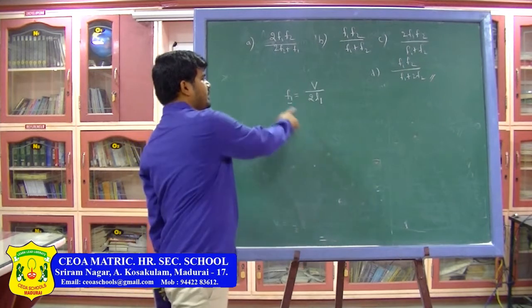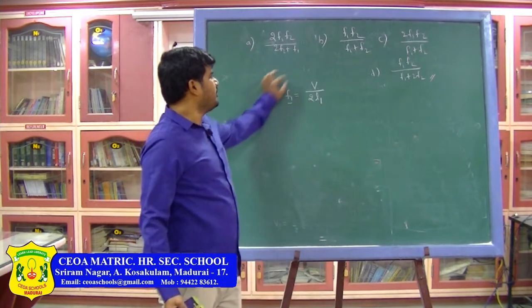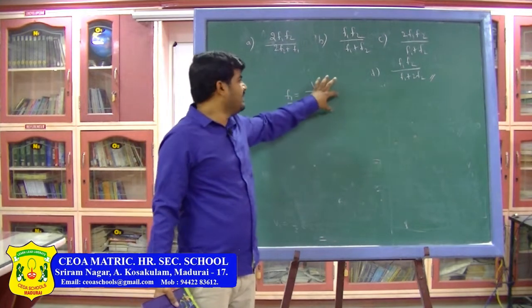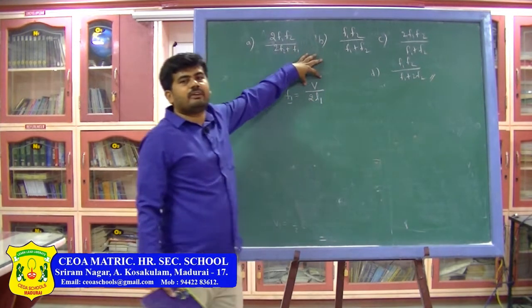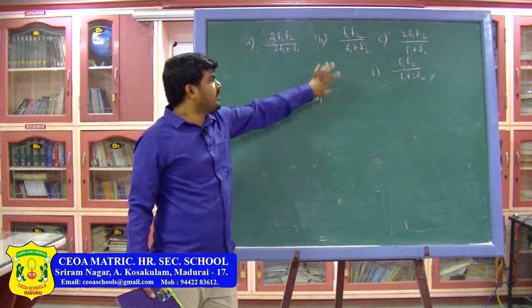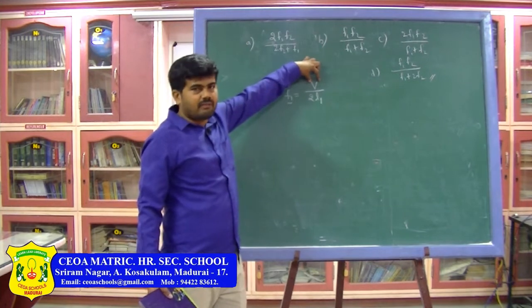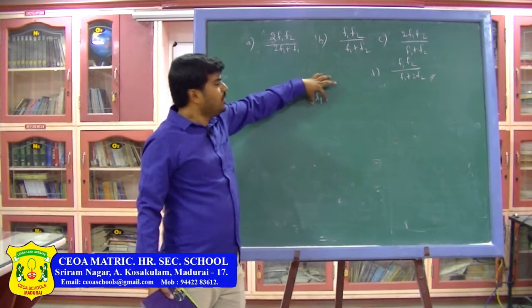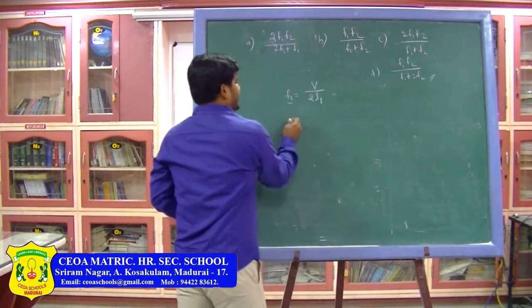Remember, resonance means the frequency must be equal. So, f1 must equal the frequency of vibration of the air column inside the open pipe. I can take f1 equals the fundamental frequency of the open pipe, V by 2L1. This is the first condition, and from this I can find the L1 value.